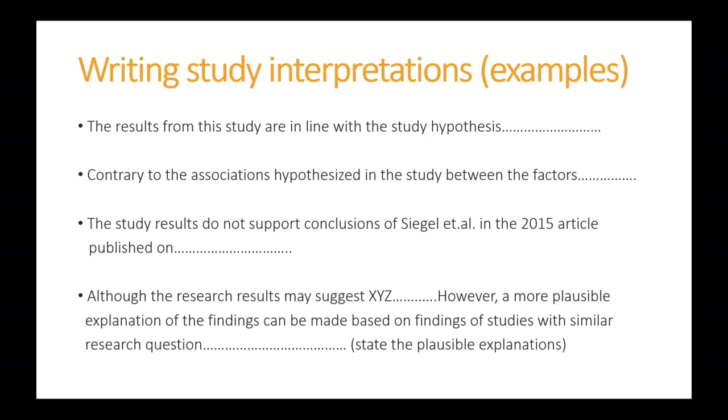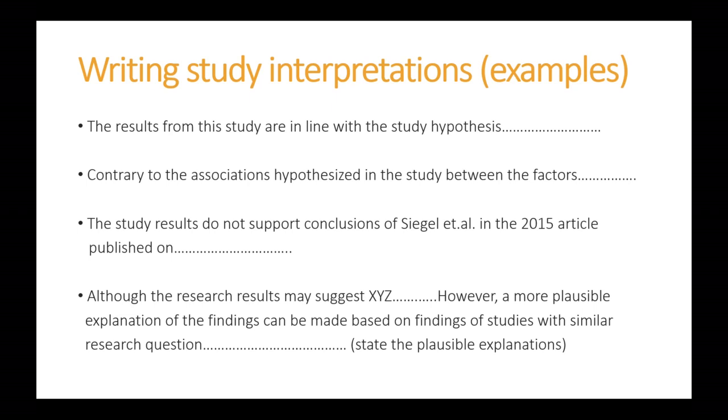Then you can write your interpretation using this specific sentence, that the study results do not support the conclusions from Siegel et al. in 2015, which was the article published on, and then you can write the specific title of the article or the specific topic of the article. Again, Siegel et al. is just an example. You have to replace this with whatever article you are referring to in your specific study.